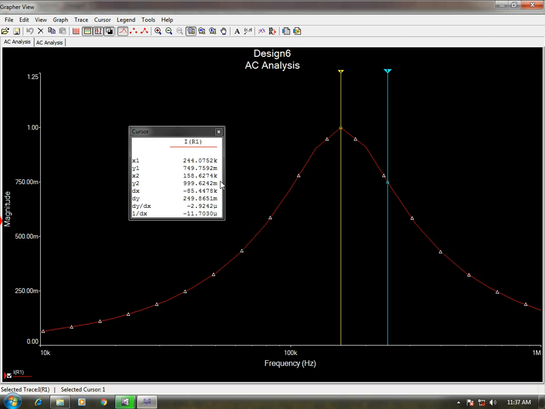As I said, the more resistance there is in the circuit, the more the curve gets flattened, because the curve gets lowered in its amplitude, and the effective bandwidth gets increased.